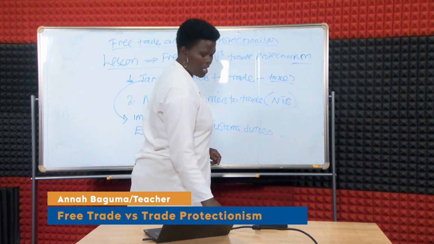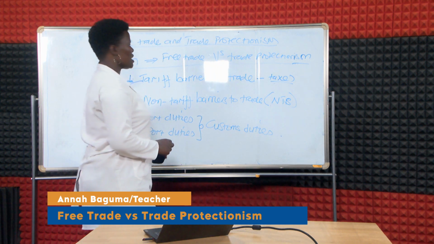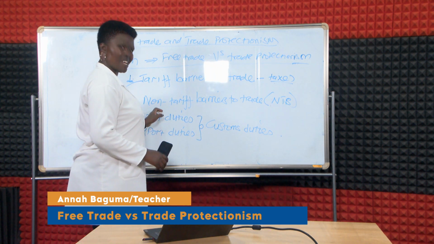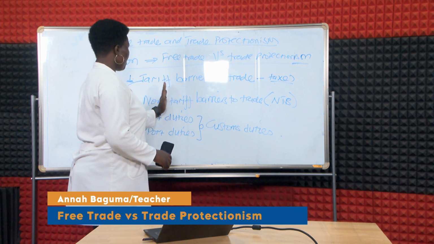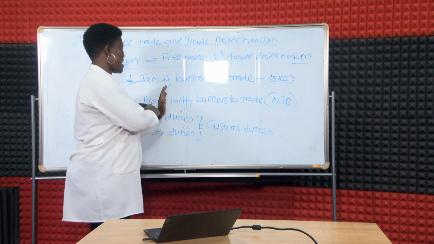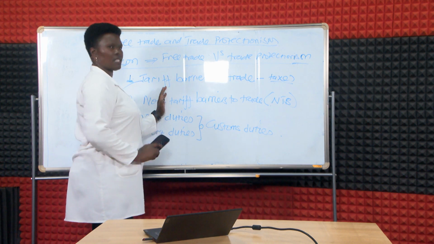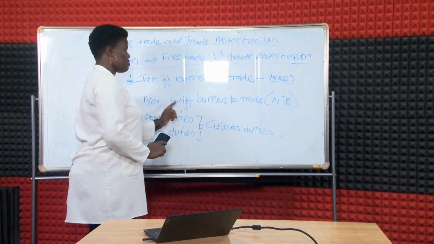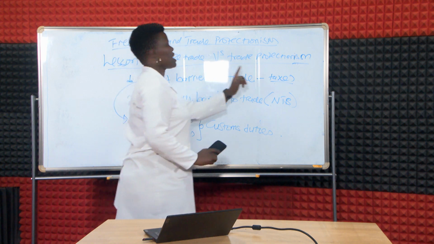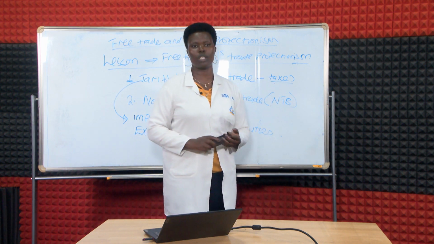Now, if we go to the non-tariff barriers, by definition, the word is non-tariff barriers. So if we, for example, shield this non, we remain with tariff barriers. So if we have non-tariff barriers, then that means that it is non-tax barriers to international trade.